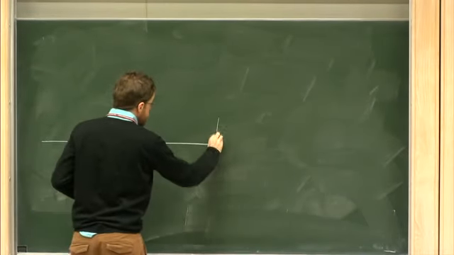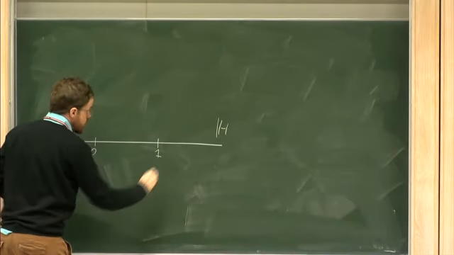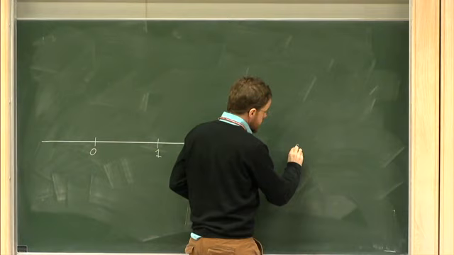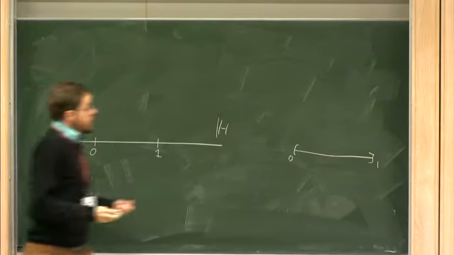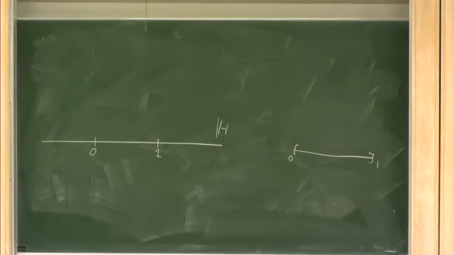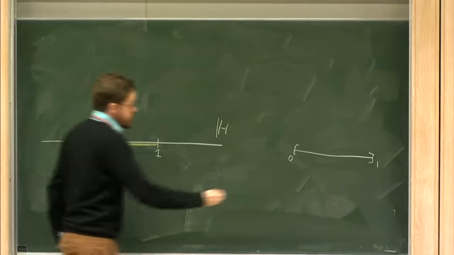So this is H. This is 0, this is 1. And on the right, we have the interval 0, 1. And we know that f is increasing, it's continuous, it sends 0 to 0, 1 to 1. It's real on this interval 0, 1 because it's a probability. So it sends the interval 0, 1 to the interval 0, 1 here on the right.